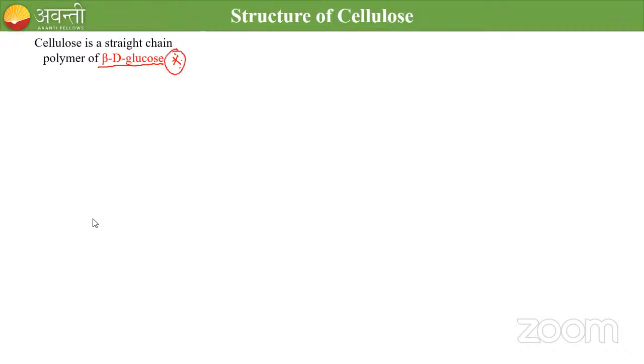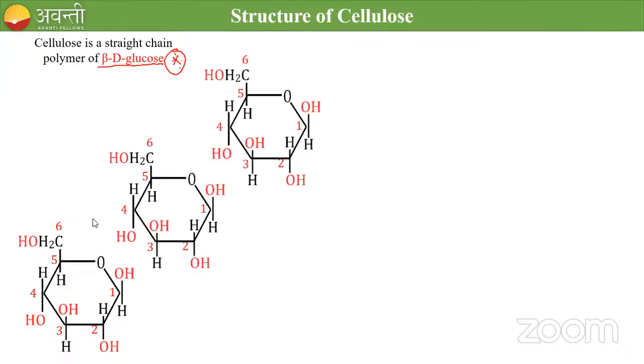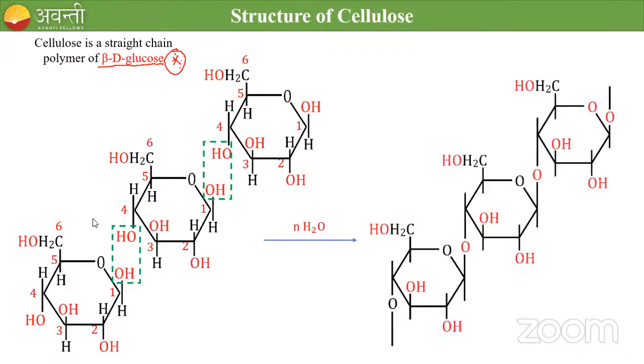So take the beta D glucose structures, remove the water molecule and connect them. You will get the beta linkages, called the C1, C4 beta linkage.